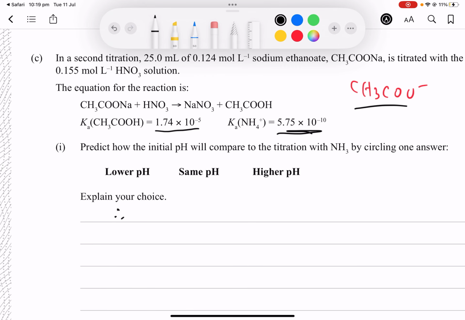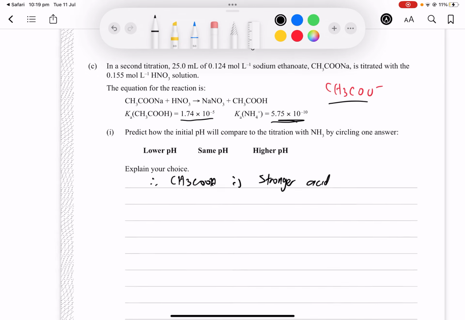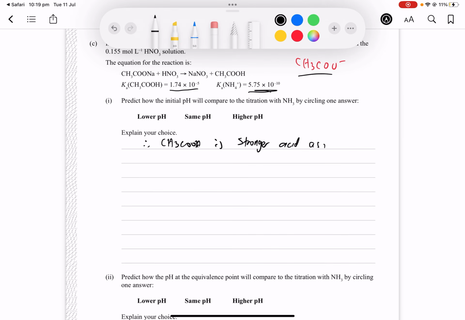So we say that CH3COOH is a stronger acid, as it has a higher Ka value. Which means that the conjugate base is weaker.